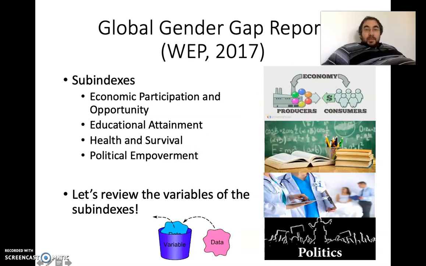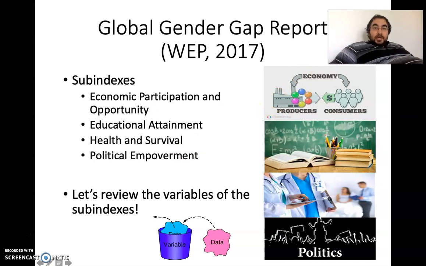Well, in the Global Gender Gap Report, there are 4 different sub-indexes: economic participation and opportunity, educational attainment, health and survival, and political empowerment.